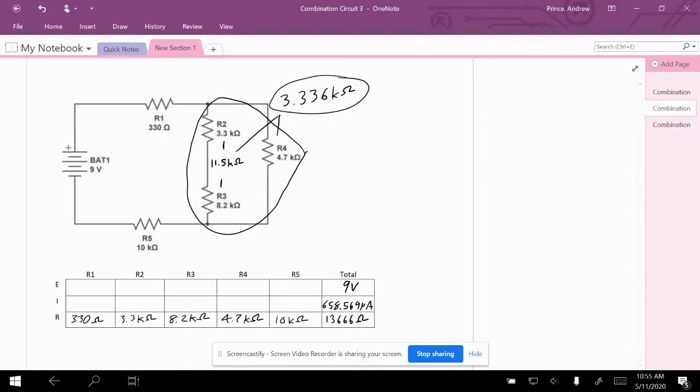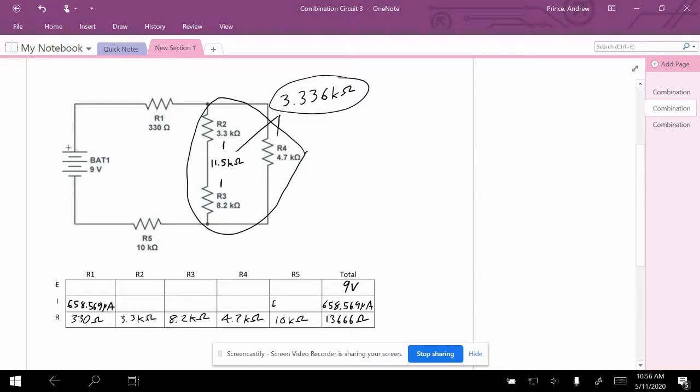Based on those being in series, they all get the same current. So resistor 1 is going to have 658.569 microamps, and resistor 5 has the same because it's also in series with that value.